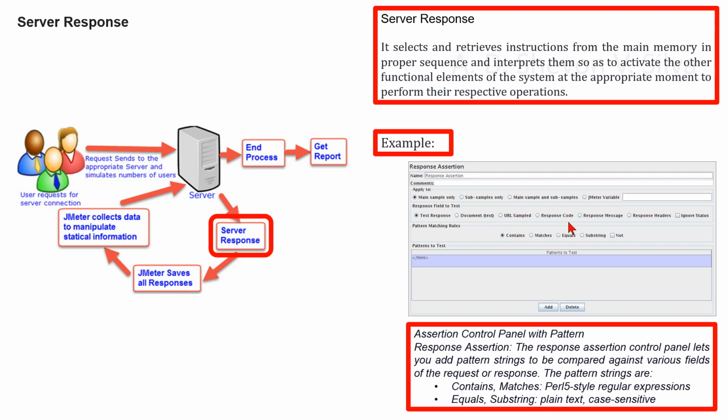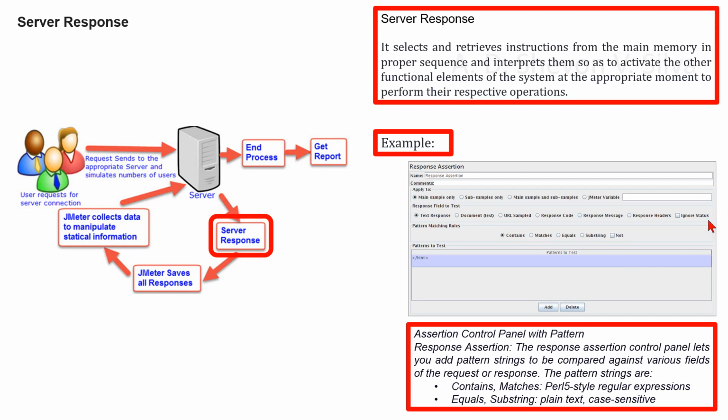Response code, for example 200. Response message, for example OK. Response headers, including set cookie headers if any. URL sampled, and document text, which extracts text from various types of documents via Apache Tika.